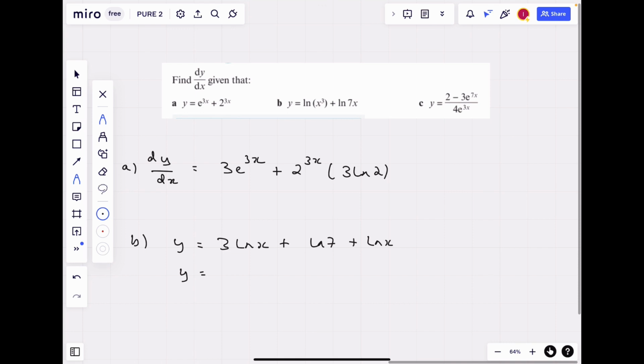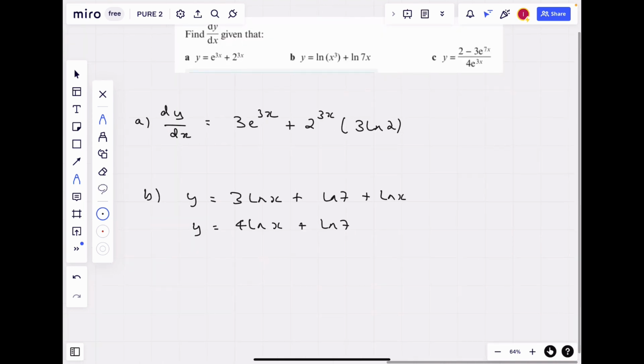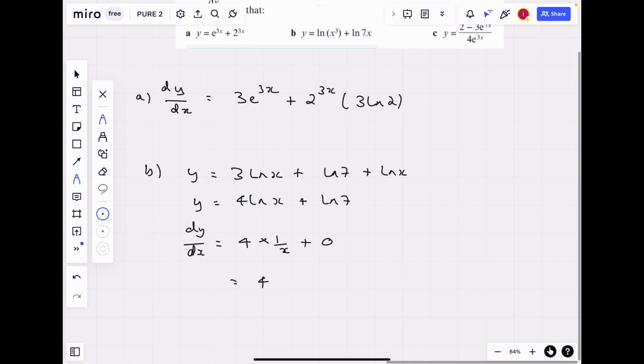And now you can group the ln x's together. This is much easier to differentiate. When you do that, you get 4 times 1 over x plus 0. You can't differentiate ln 7. So 4 over x. Nice and easy.